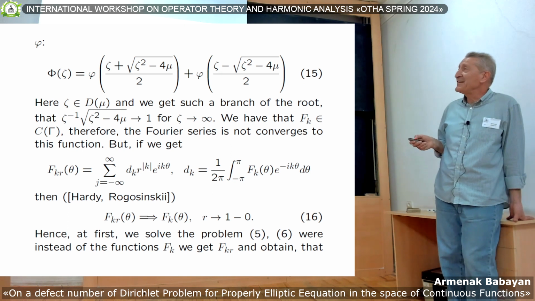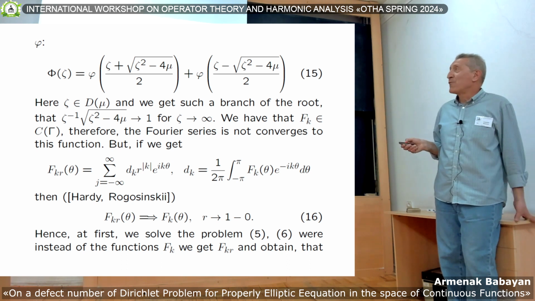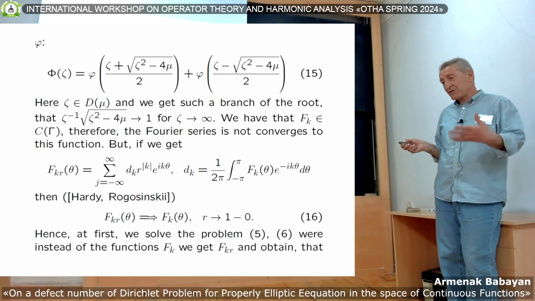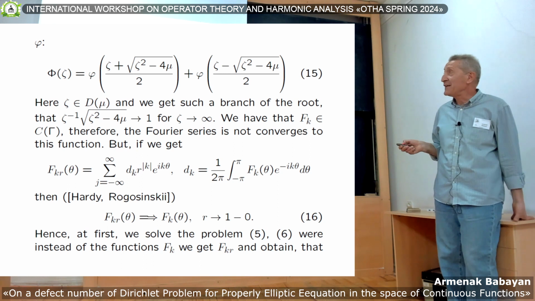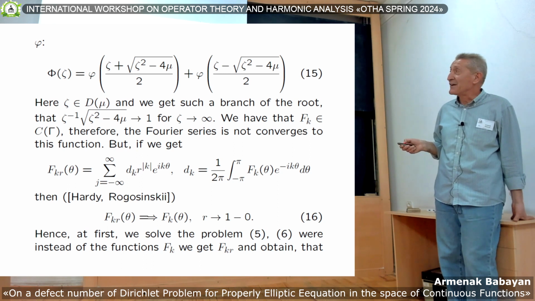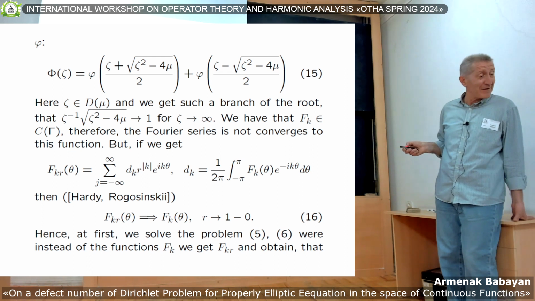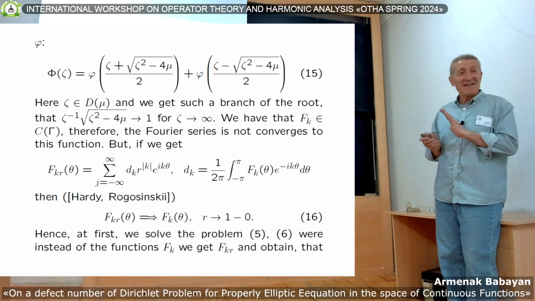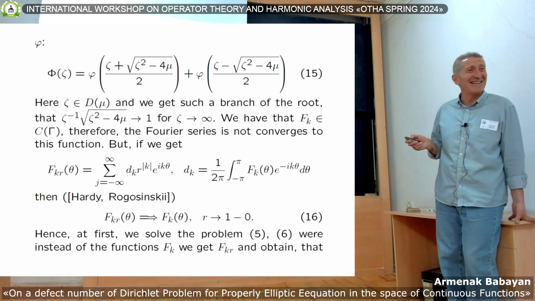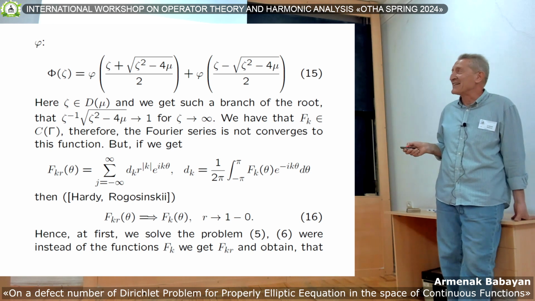If you have a continuous function, the Fourier series may not converge to this function. But if you consider such d_k r^k, this converges to the continuous function uniformly for r tending to 1. I mentioned Hardy-Rogosinski because it's a very good book. So it's a known result.